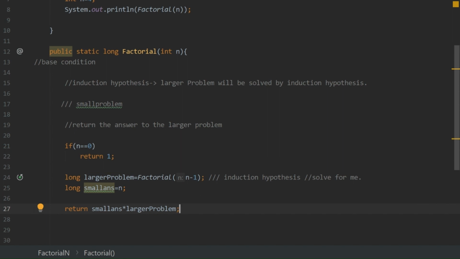We let recursion solve it. Isn't it awesome and magical? Trust me, you'll be able to tackle every recursion problem with ease if you know how to get onto the induction hypothesis that we won't solve. This is the magic of recursion. Recursion will solve it for us.